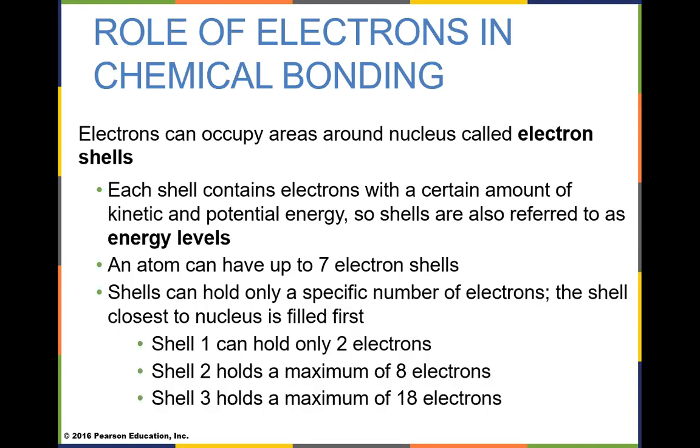The further away you are from the nucleus, the more potential energy these electrons can contain. Because electrons are in orbit around the nucleus, if you're in the first shell and you're spinning around, you're spending all your energy trying to keep from getting sucked into the nucleus.